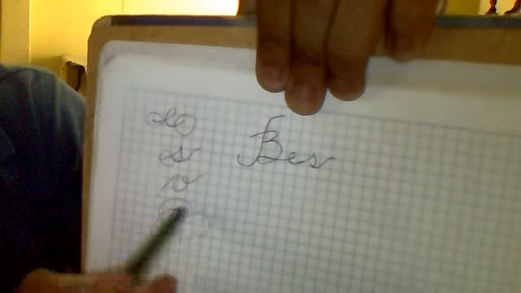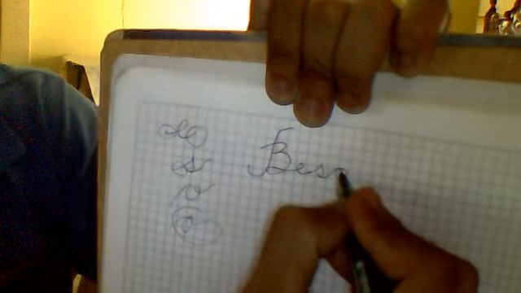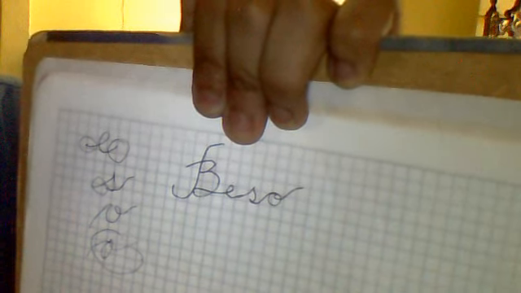So it's like this. You see? Now the letter O. Beso. So I always have to leave a line here so the next letter can be connected.